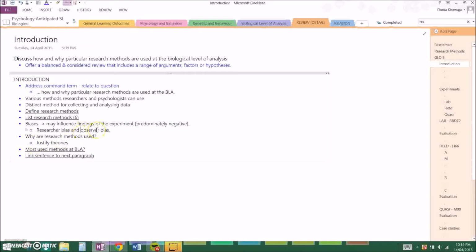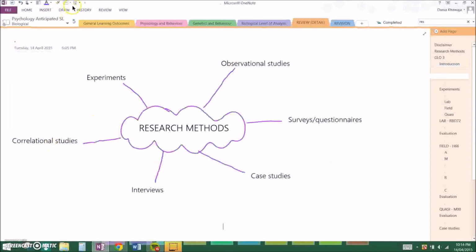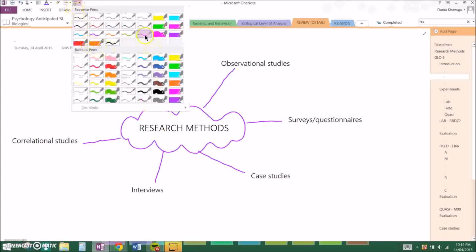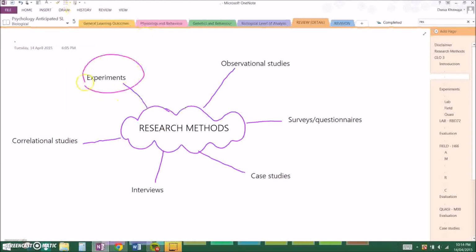You have to say why research methods are used, and they are used to justify theories, for example localization, which was supported by McGuire et al. In 2000 with a quasi-experiment. And then I go on to relate back to the question about the biological level of analysis, and the most used methods at the biological level of analysis are most definitely experiments and case studies.